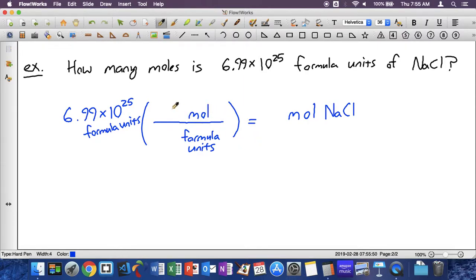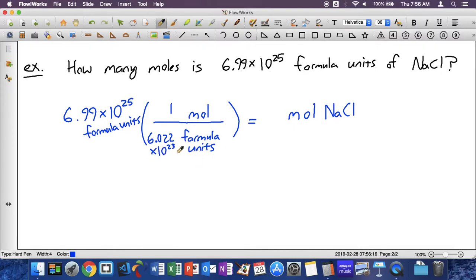So then the last piece is just to fill in these numbers, and you just have to stop and think about what this means. Well, what this is asking is, how many formula units are there in a mole? 1 mole is how many formula units? Well, 1 mole of anything is Avogadro's number, 6.022 times 10 to the 23rd.